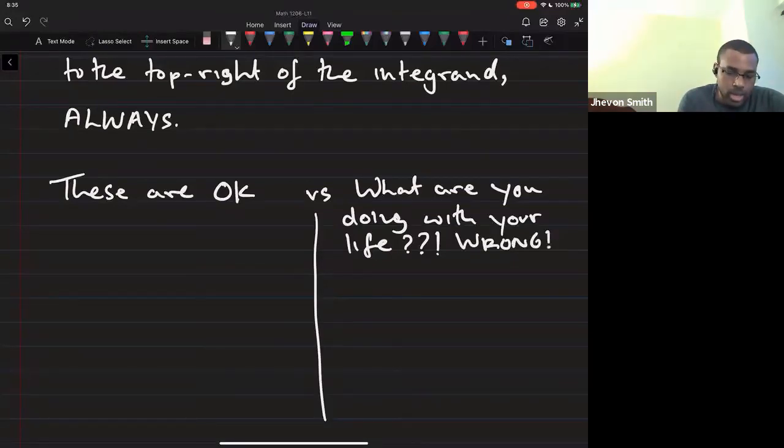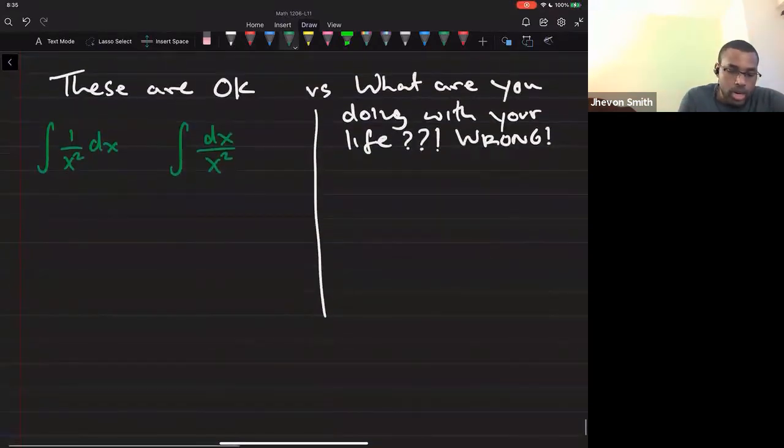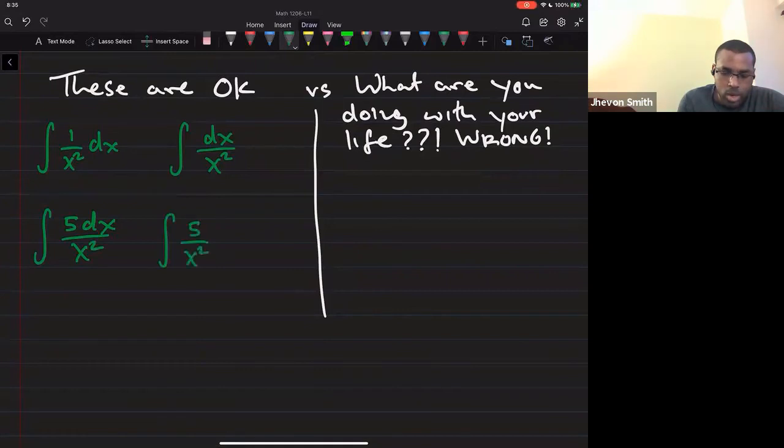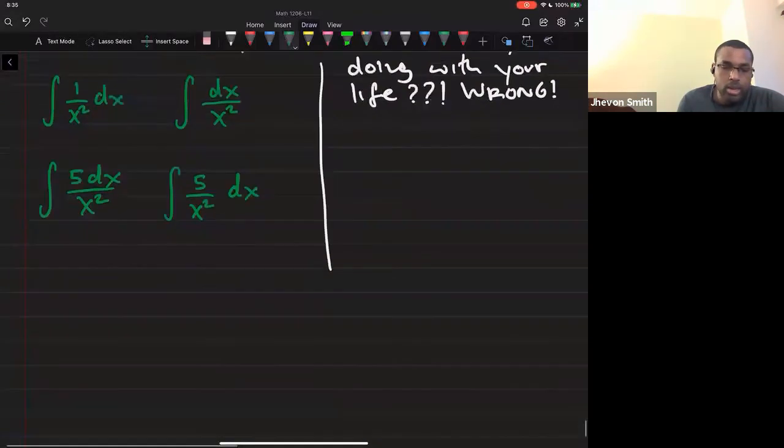So I can write, say, the integral of 1 over x squared dx, or I can write the integral of dx over x squared, or I can write the integral of 5 dx over x squared, or I can write 5 over x squared and put the dx off to the side, or any such version.